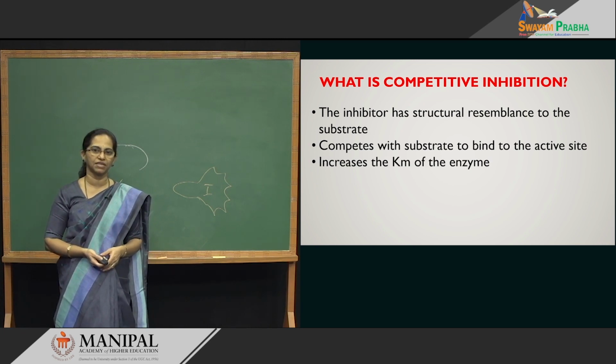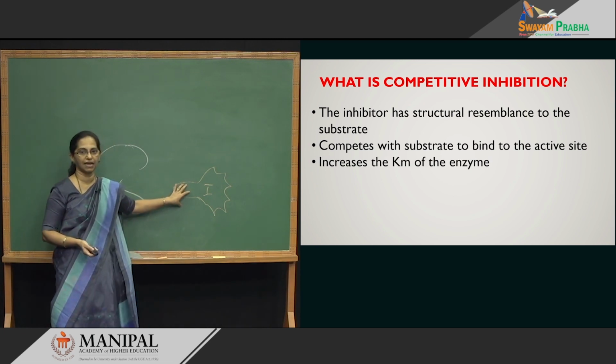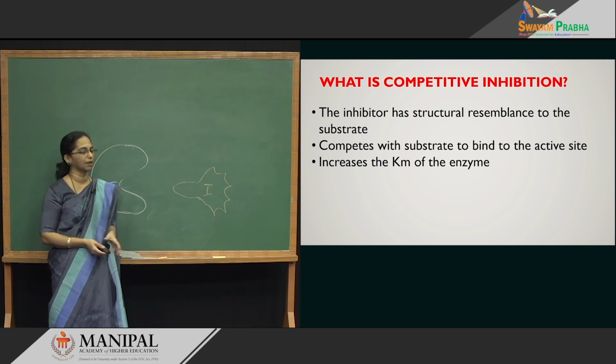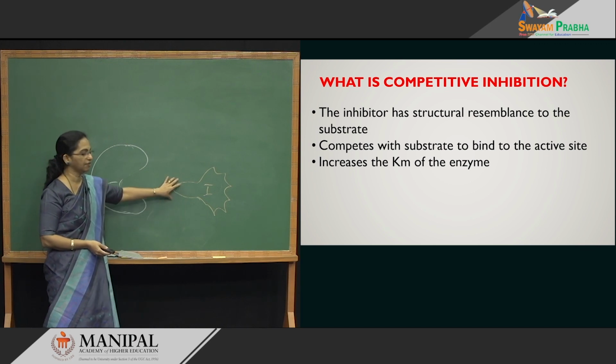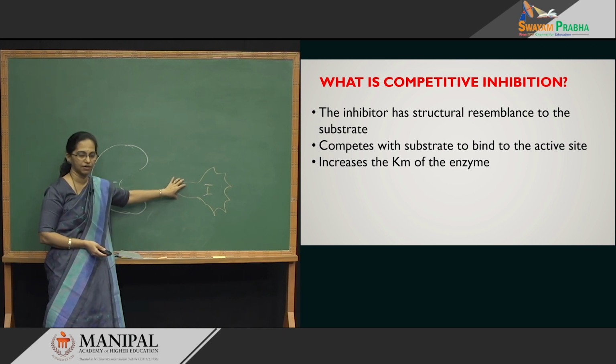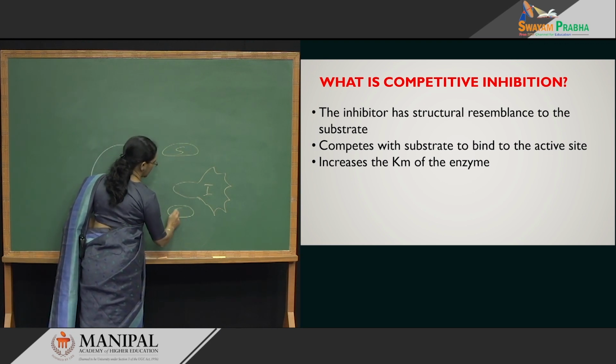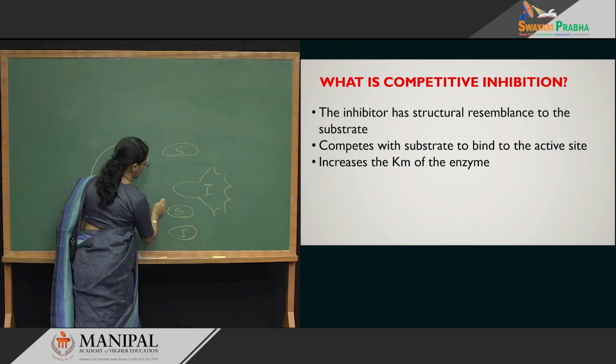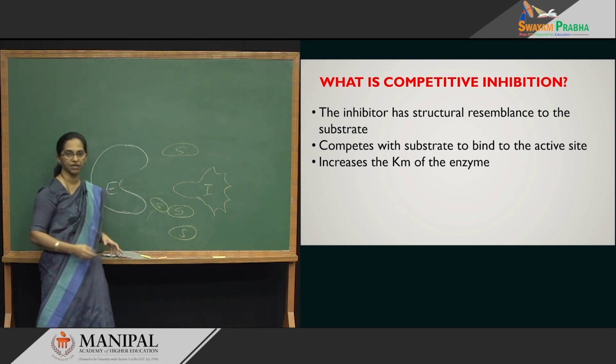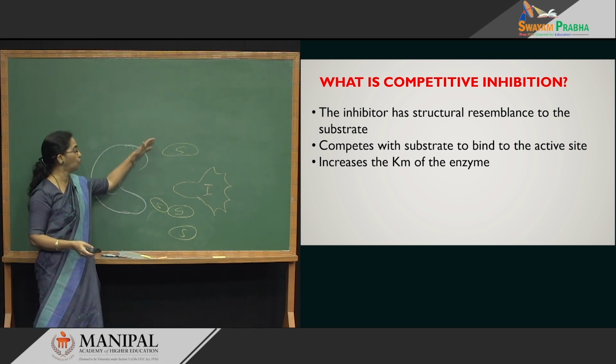And then what happens if this is present in large numbers, reaction is blocked, but it increases the Km of the enzyme. That means, if there is inhibitor, you will need more substrates. Because there is competition, you will need more substrates.